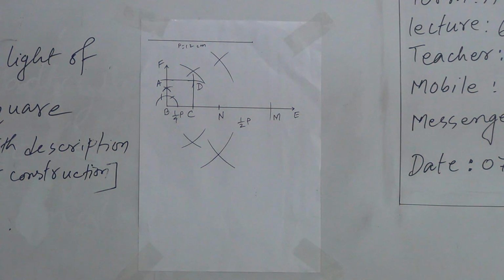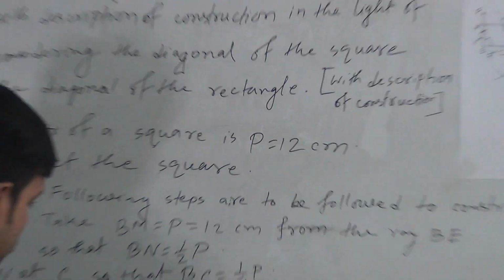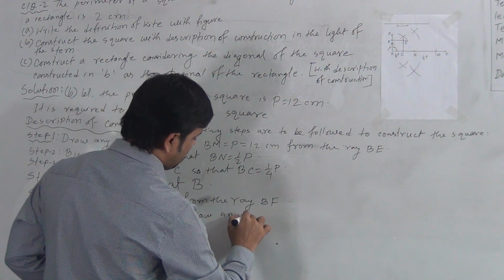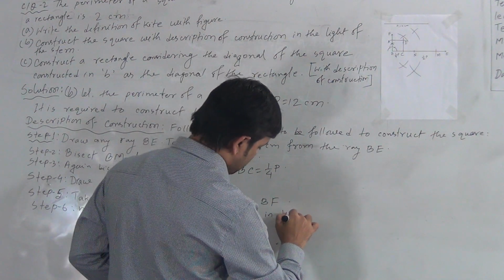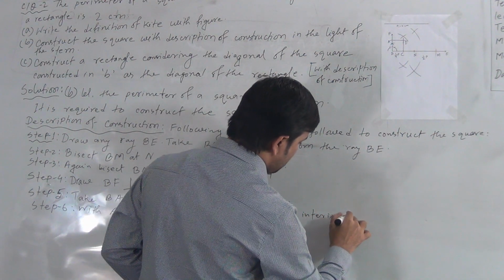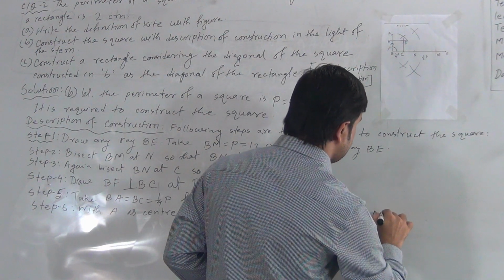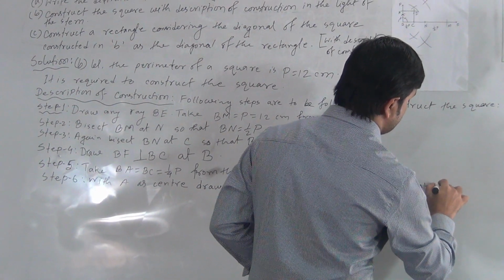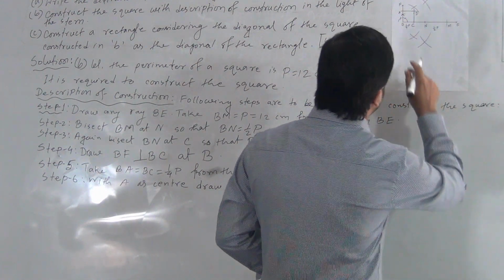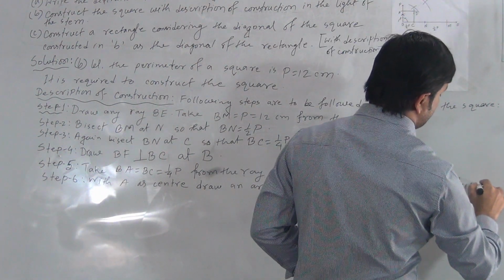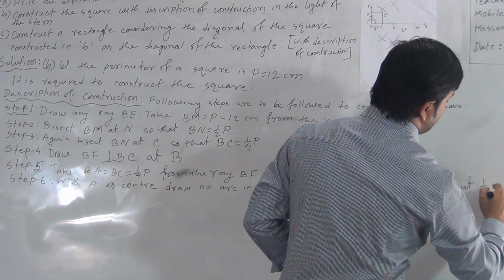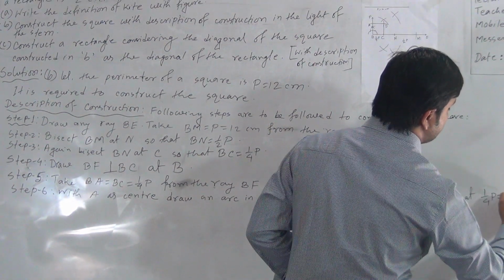With A as center, draw an arc in the interior of angle ABC, taking radius, what is the radius? Equal to 1/4 of P equal to BC.